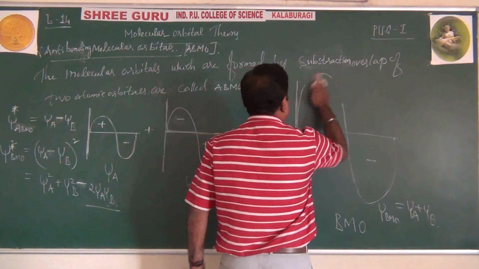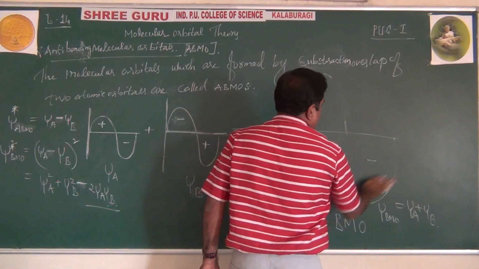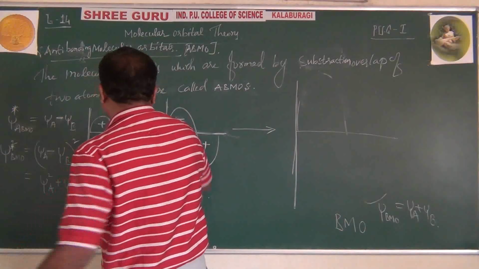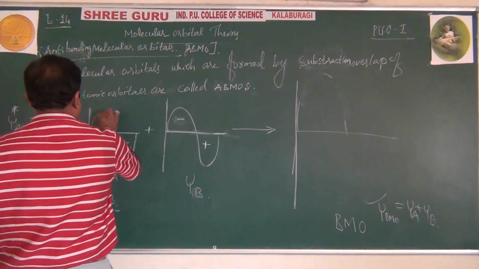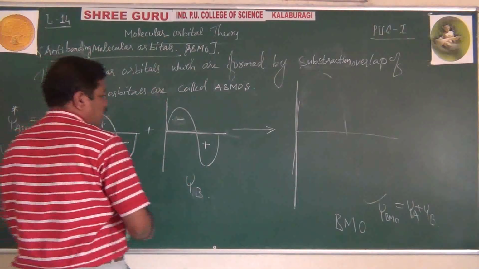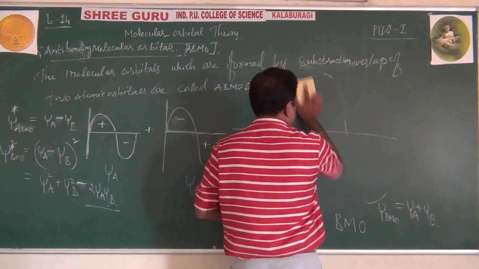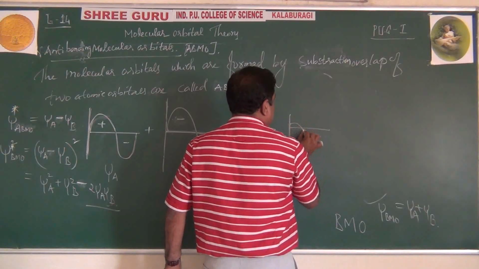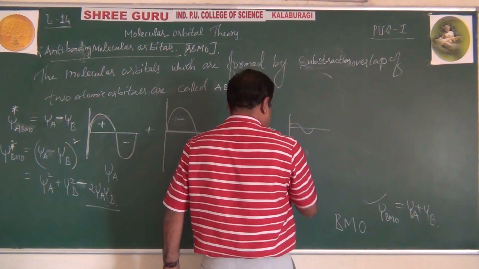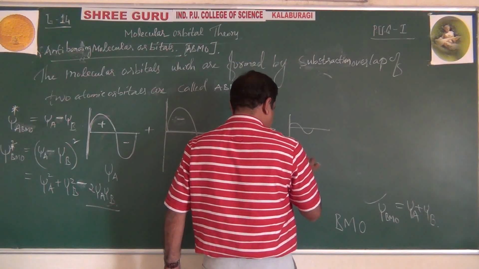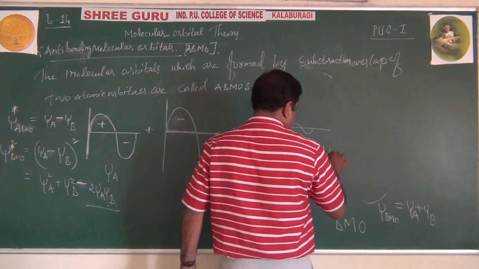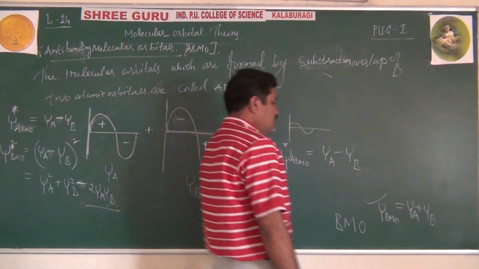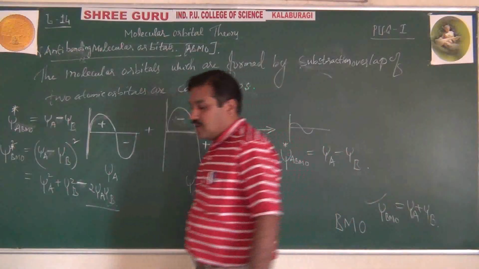Now see here, the resultant instead of increasing, electron density becomes minus for antibonding. This is psi star ABMO, that is psi A minus psi B. Got it? So this is how we can explain antibonding molecular orbitals.